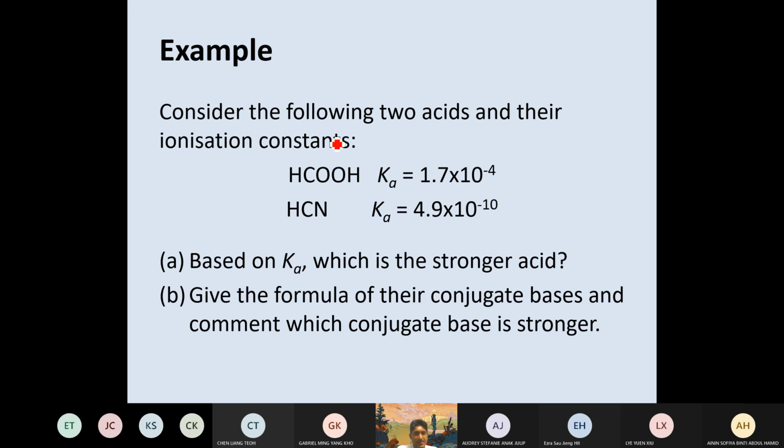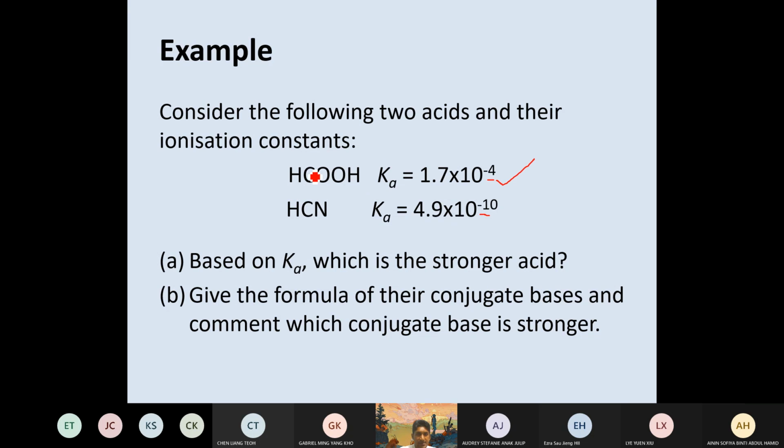Consider the following two acids and their ionization constants: formic acid and hydrocyanic acid. From the Ka values of the two acids, one is 10 to the -4 and one is 10 to the -10. Which one is the stronger acid, do you think?